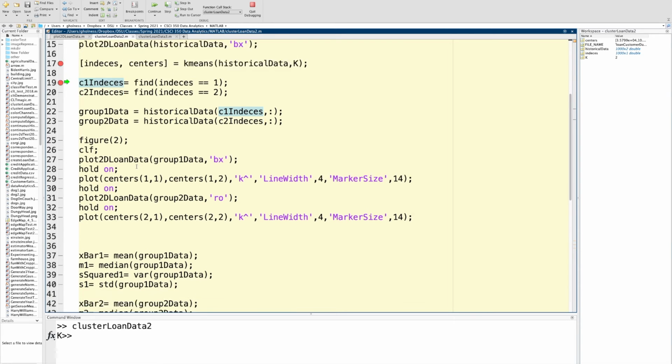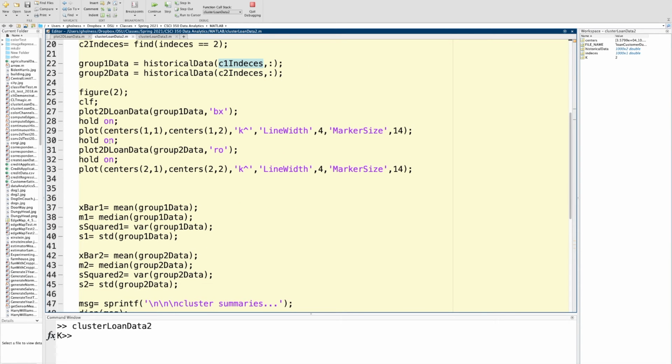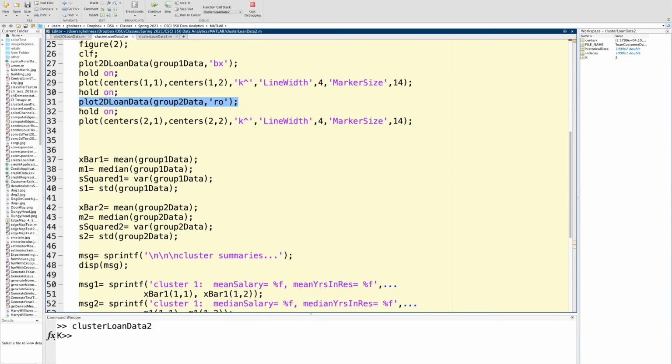After that, I plot in different colors the data for my 2 groups, and then I take the center and plot it as a triangle in bold font. So I have my plot for group 1 vectors, and then in line 29 I plot the center for group 1, and then I have my plot for the data vectors in group 2, and then I plot the centers for group 2.